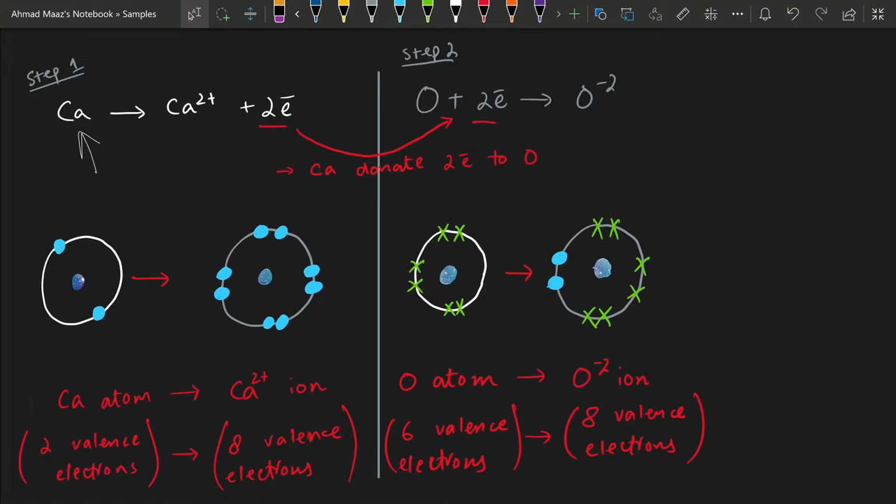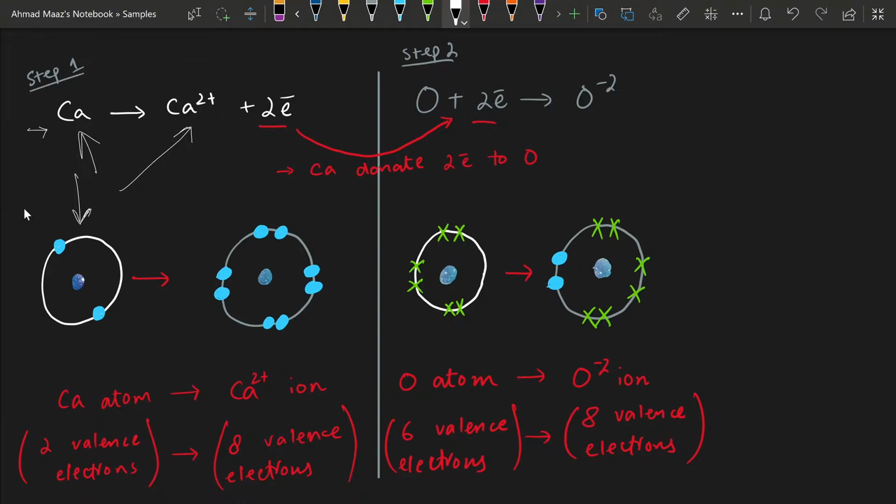So look at step 1 and step 2. We've discussed this, that both these steps take place simultaneously, at the same time. The calcium atom, because it is in group 2, loses 2 electrons and forms a calcium 2 positive ion. This is the valence electron of calcium.